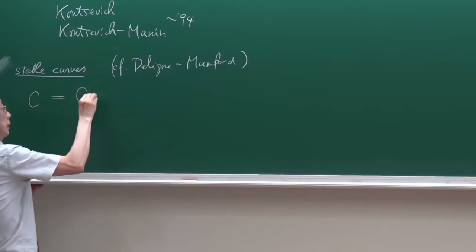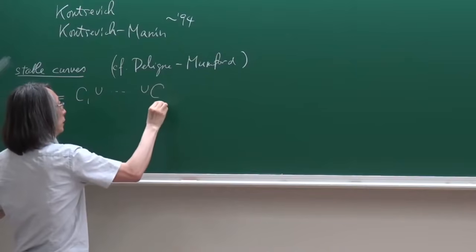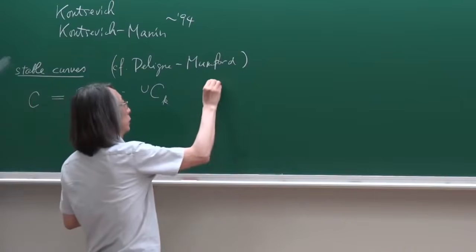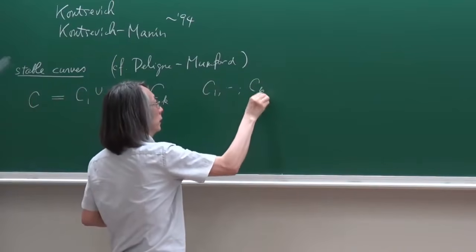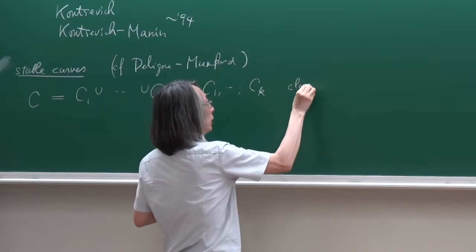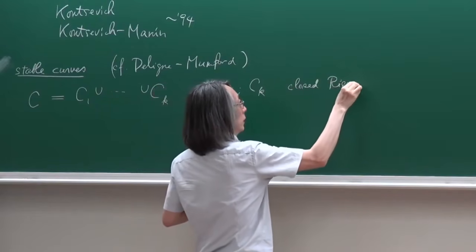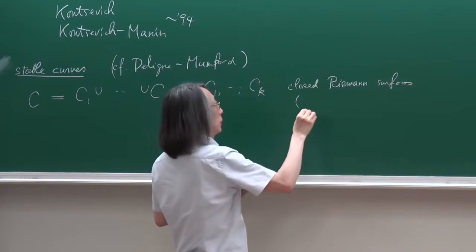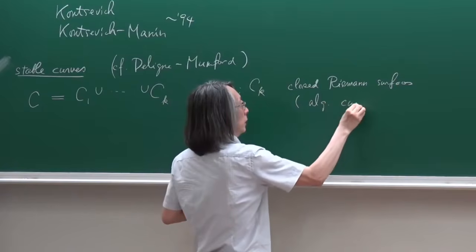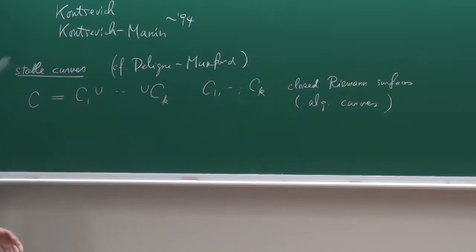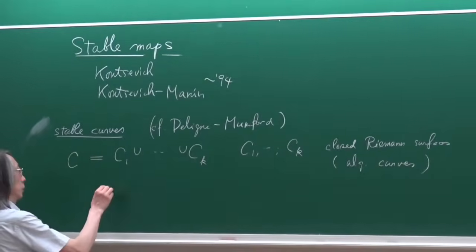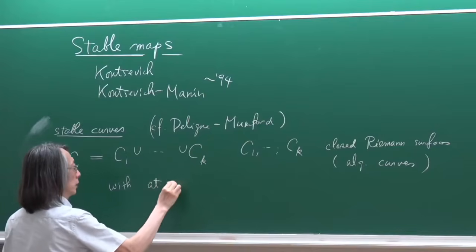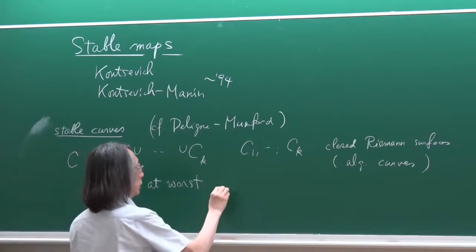Maybe it may contain several Riemann surfaces, so C_1 to C_k are compact closed Riemann surfaces, or maybe algebraic curves, with at worst nodal singularities.